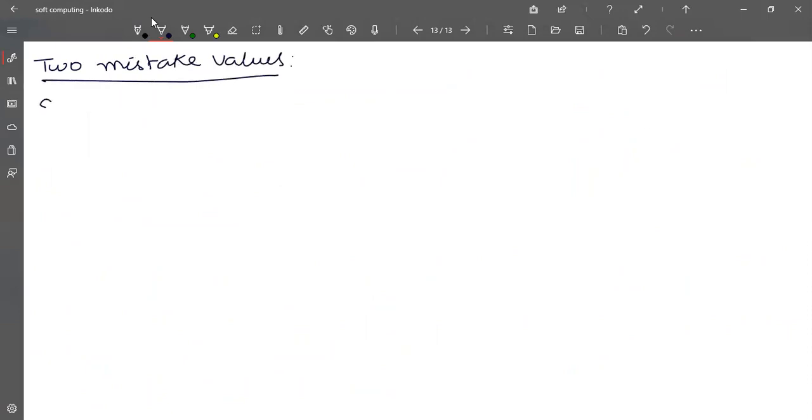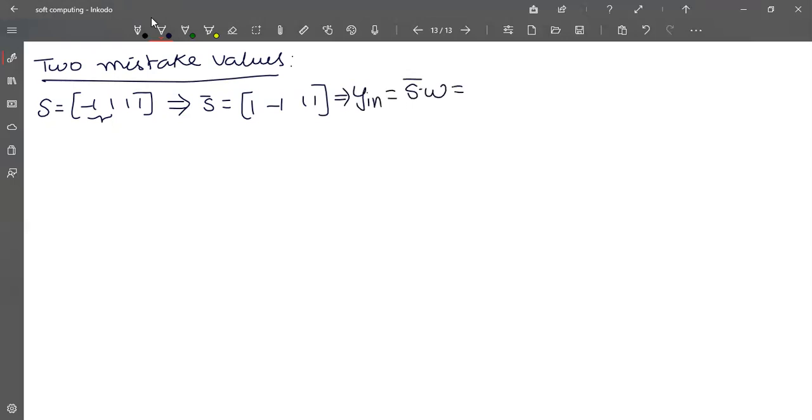Our input vector is minus 1, 1, 1, 1. So I will be testing the first two. If I make mistakes in the first two values, it will become 1, minus 1, 1, 1. So now let's find the net input s dot w.